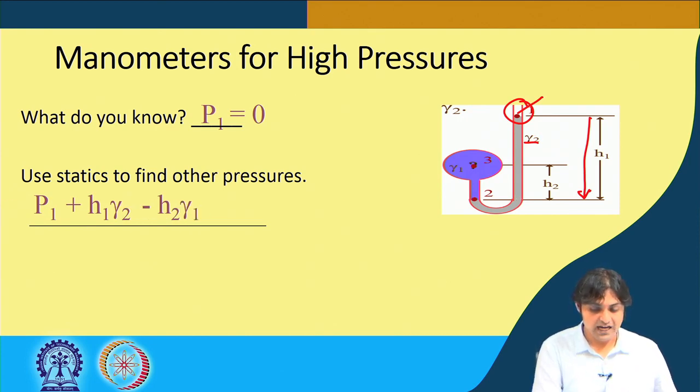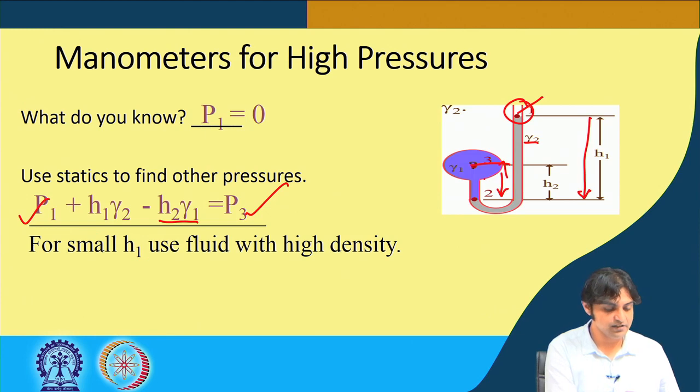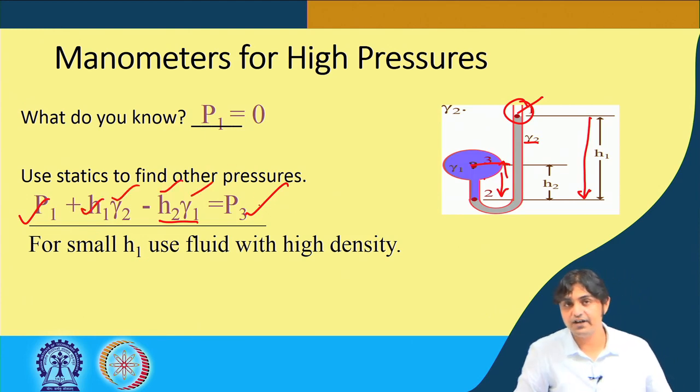Now we are going up by how much? H2. If you want to go to the center, we are going up, so minus H2 gamma 1 should be equal to P3. So we have found P3 is equal to P1 plus H1 gamma 2 minus H2 gamma 1, right? We know P1, that is 0, we know H1, we know gamma 2, we know H2, we know gamma 1, so we can easily find P3.